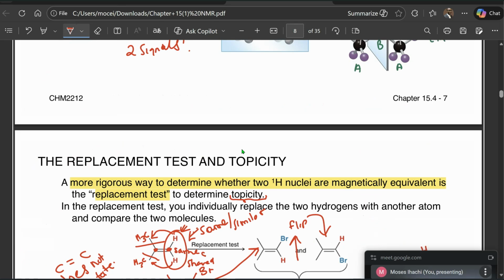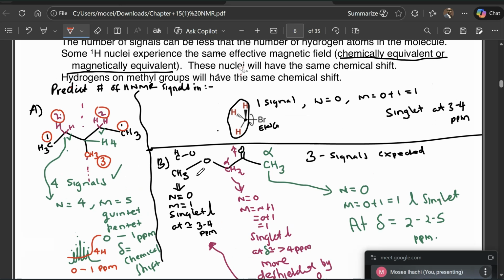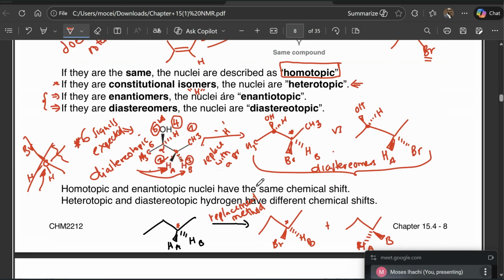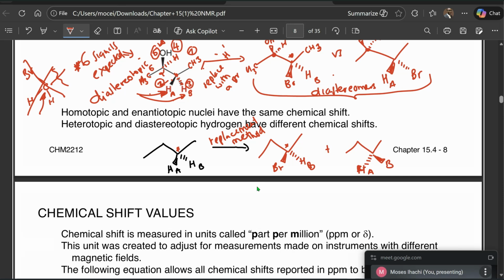So the enantiotopic case is similar to when we just say they're symmetrical. Yes, it's similar to what we are doing up here. That's why we are counting them as a group. We know that if I do the replacement method on either of these, I'm not going to get a chiral carbon. Now, if you look at these two, this is HB.